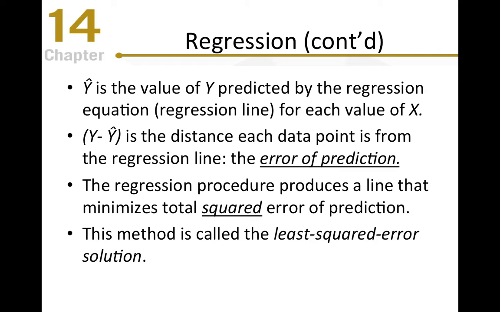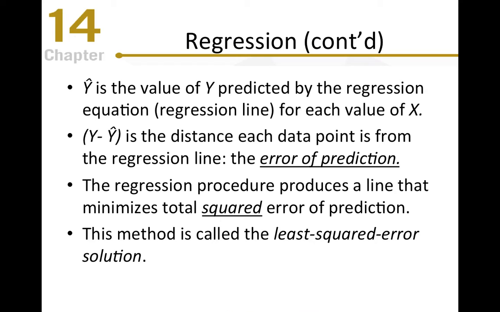So this slide really captures a lot of what I just went over, that y hat is the predicted value of y, and that the distance between the observed y and the predicted y represents the error term. What we do is we square those terms so that they are all positive, and then we're going to add them up.